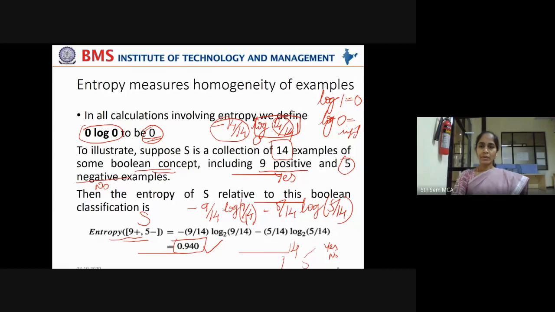Here we can see that the entropy is 0.940. It is almost near to 1, which indicates that there is an imbalance in the number of classes. 9 classes are positive and 5 classes are negative. Got it?